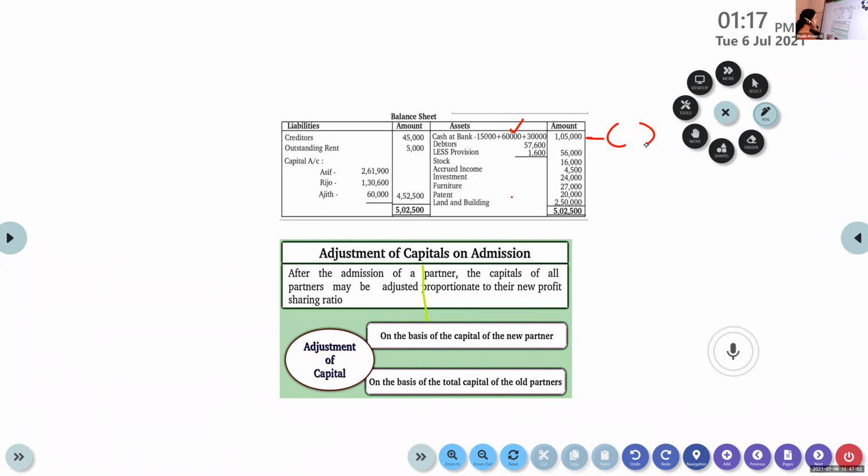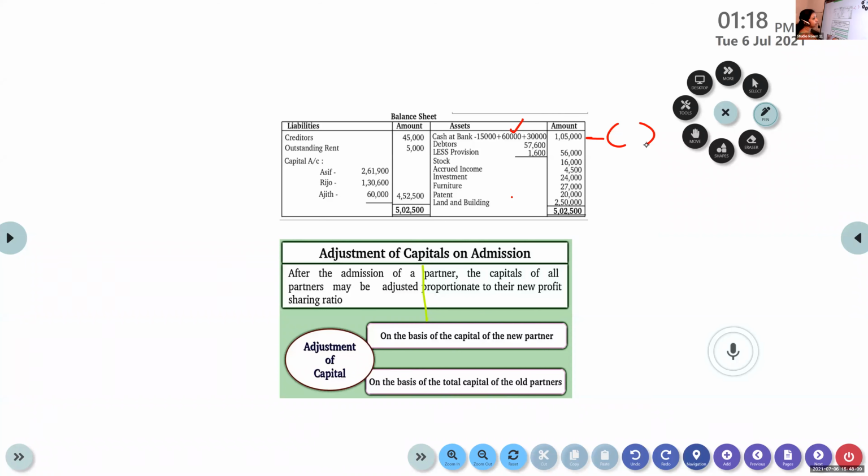Next one is debtors. In the old balance sheet, we have the debtor amount 57,600. Debtors less provision. What is the provision? 1,600.